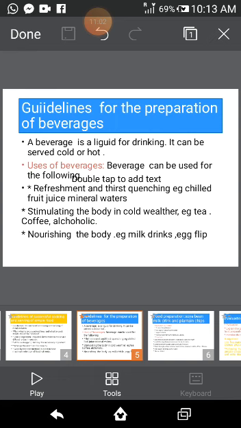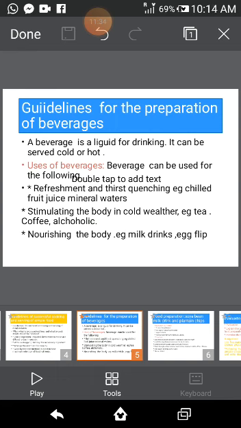You can equally use them as nourishing drinks, which are the ones that you take to nourish the body, such as milk drinks, yogurt, ice cream, egg flip. They are nourishing drinks. Our soya beans milk, our tiger nut drink, they are all nourishing drinks. They contain nutrients. We use them to nourish our body.